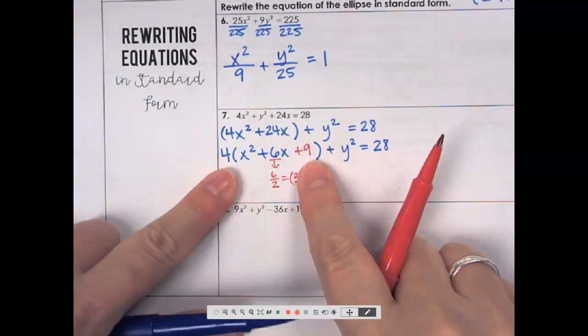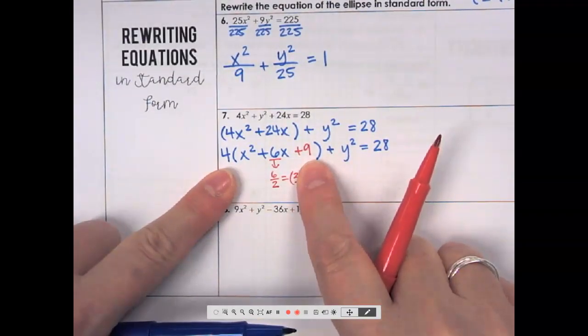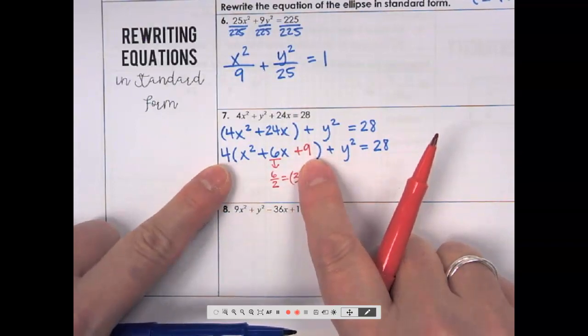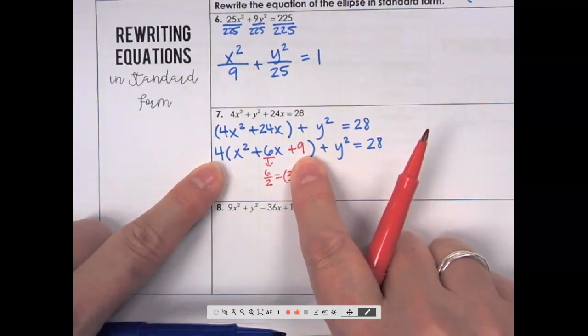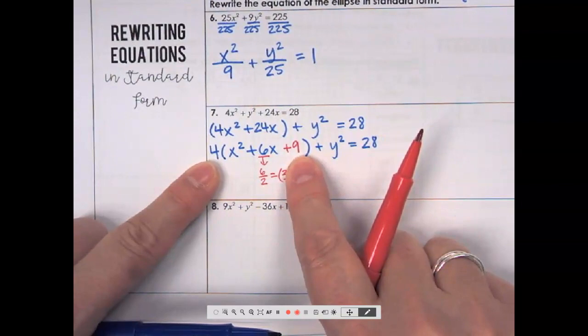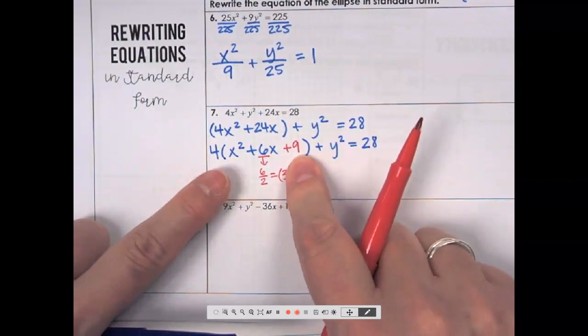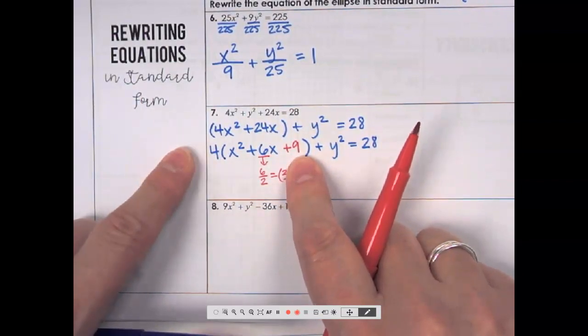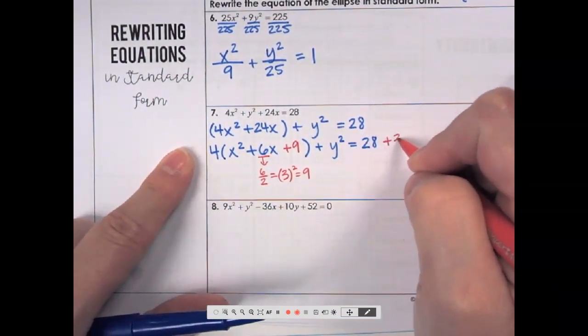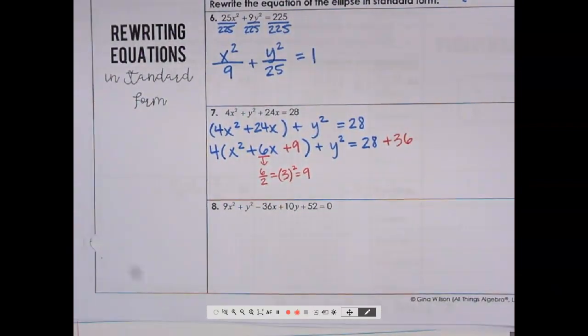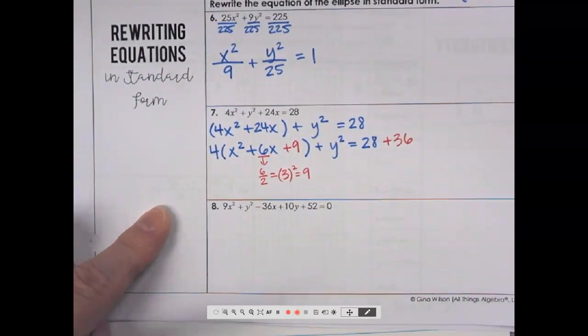How much did I really change the left by? Not 9, but, Charles, you just saw it, what? 36. Because that 9 in the parentheses gets multiplied by the 4 also. So to keep things equal, I'm going to add 36 to the right, because of the 4 times 9.